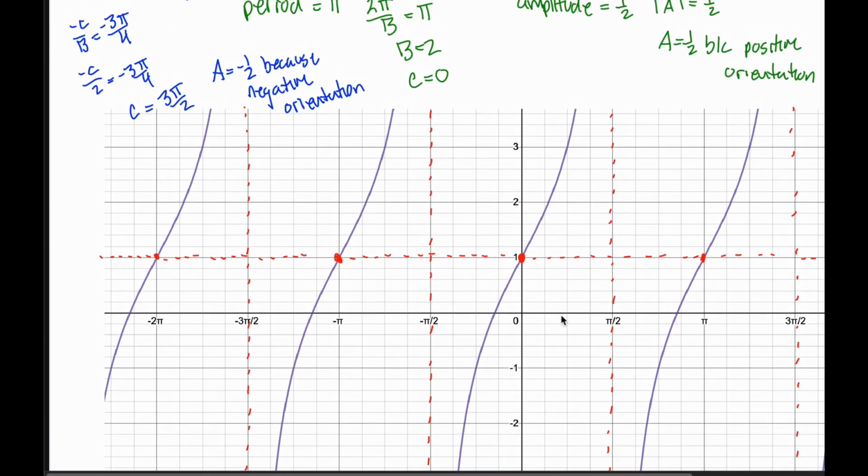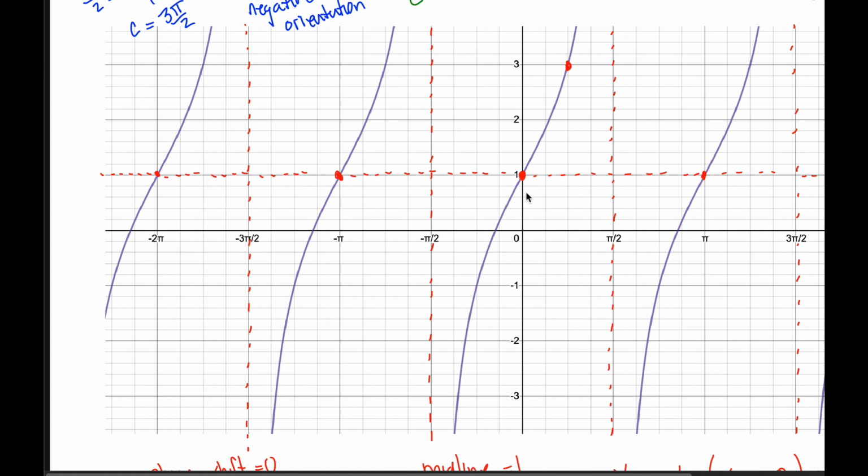Again, remember on the untransformed version, halfway in between a point that was on its midline and the vertical asymptotes, my graph was supposed to have a height of 1. But here it has a height of 3, which is true, but don't think about this as a height of 3. Instead, think about it as 2 units above the midline. Similarly, halfway between this vertical asymptote and this height on the midline, I am 2 units below the midline.